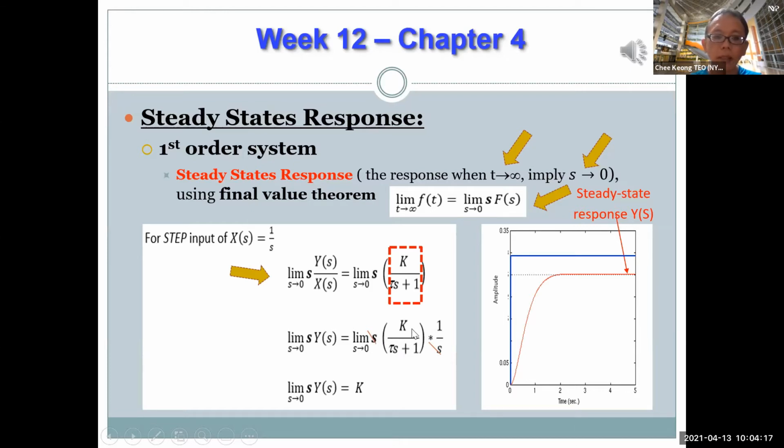By cancelling, you are left with this. Now, if you let s tend to 0, this term here will disappear. So finally, the value will be k over 1, which means the final value is k. That's why in the previous chapter, we always talked about the output response settling to k. And for a first order system, it really settles to k.